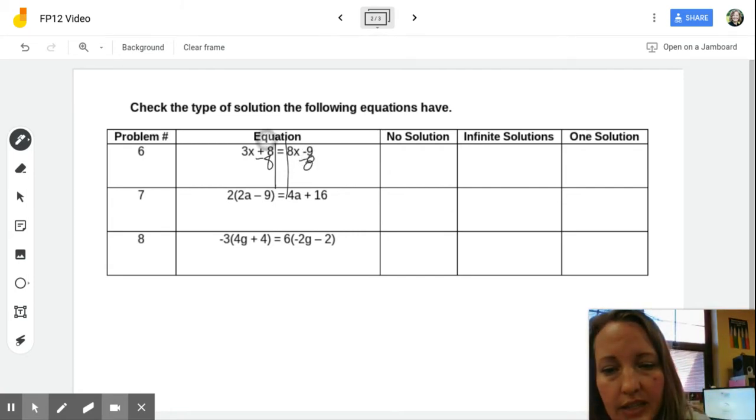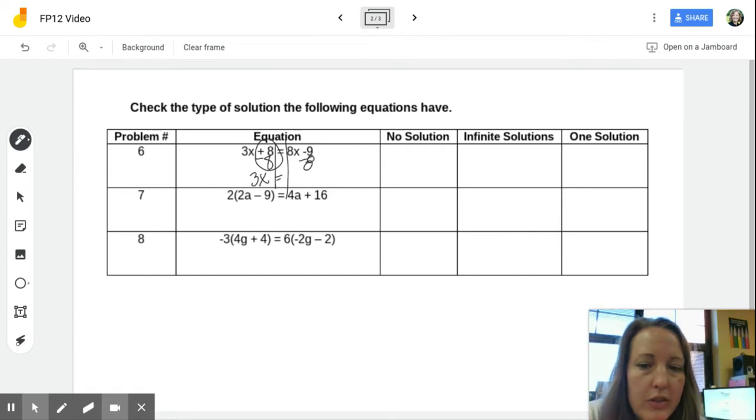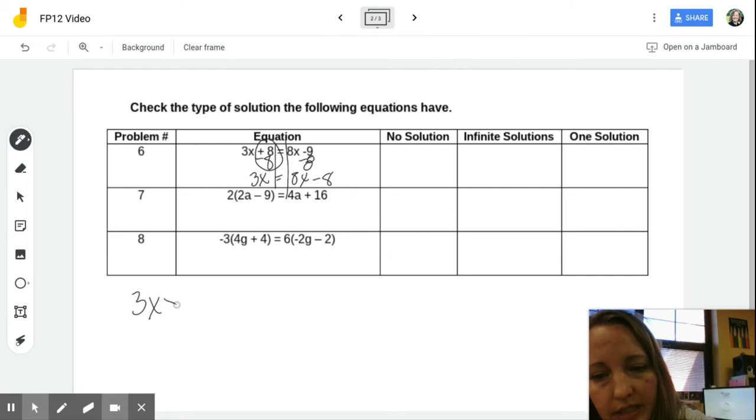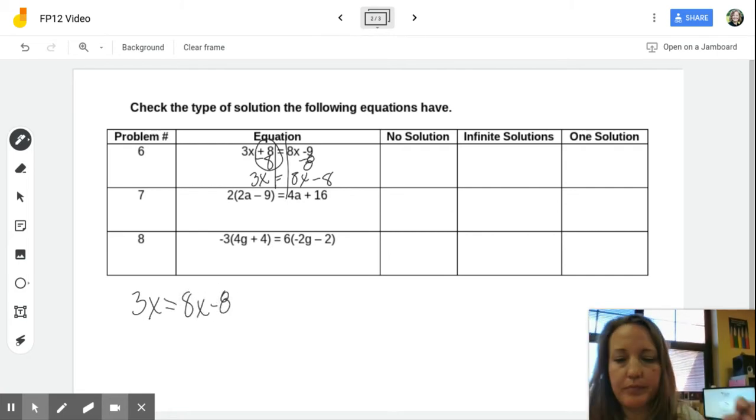This is an additive inverse, so we're left with 3x is equal to 8x minus 8. I'm going to go ahead and bring that down so I have a little bit more room to deal with it. 3x is equal to 8x minus 8.